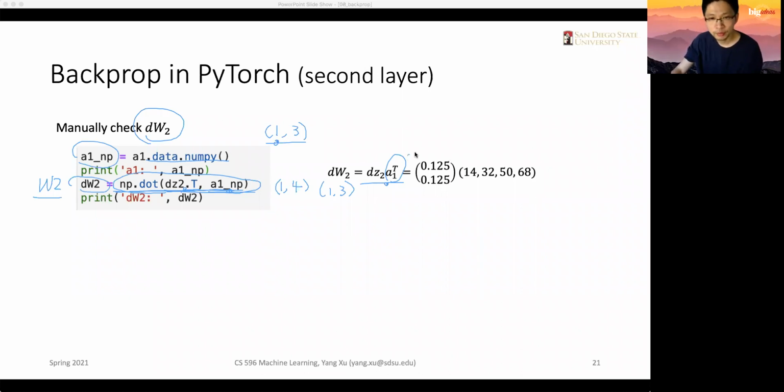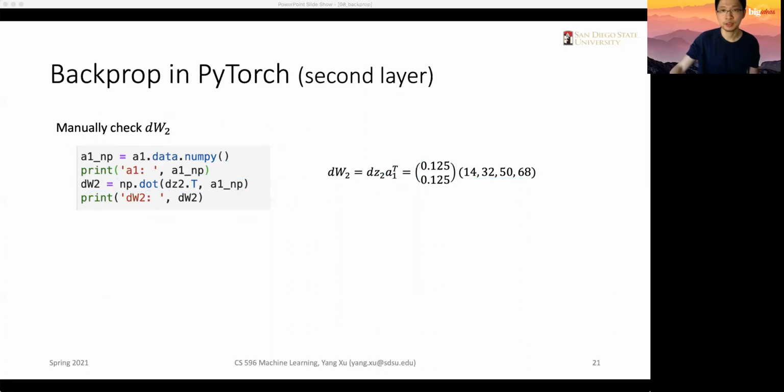So now we put the dz2 on the left here, and the old values for A1 to the right. This is the so-called outer product that we need to conduct. We use 14 times this 0.125 as the first element, the upper left element, and 32 times this one as the second element.